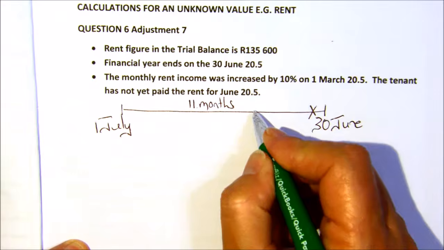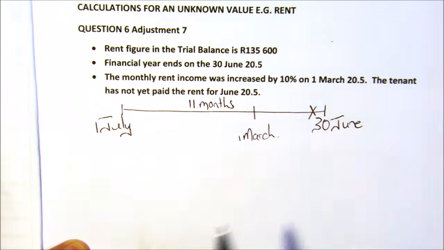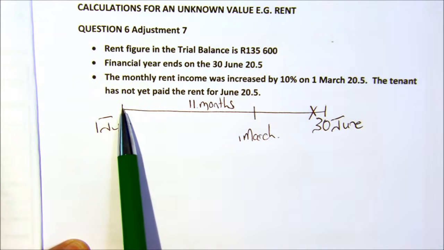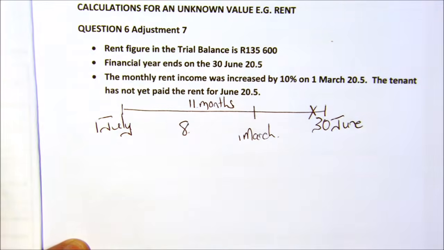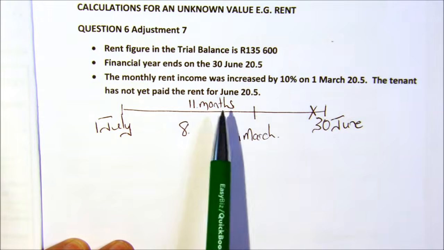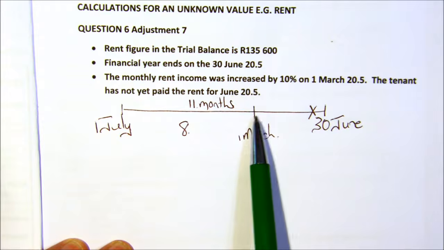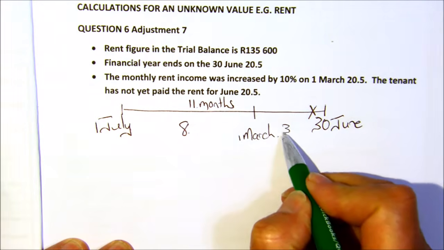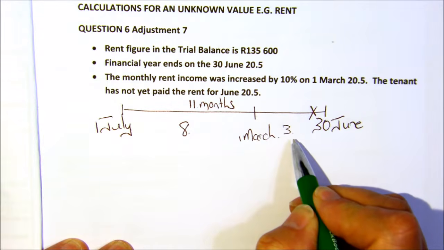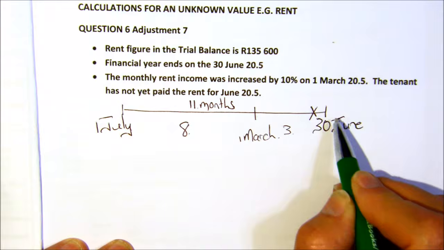So if we take our timeline and say, right, the 1st of March here, that means that from the 1st of July to the 28th of February, which is 8 months, the rent was at the old amount. And then from the 1st of March, April, May, another 3 months, the rent was at the increased amount. And remember that June hasn't been paid.